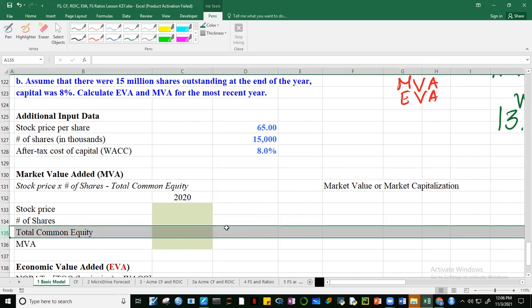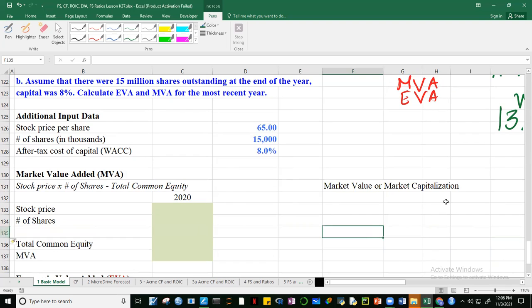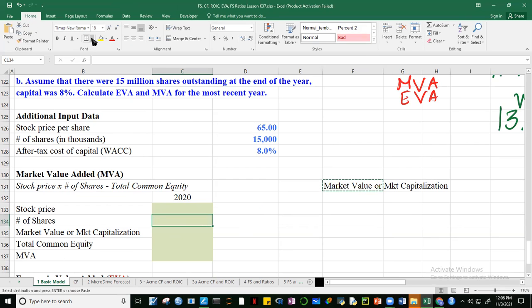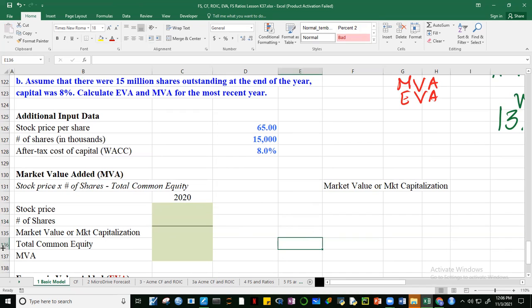Kindly insert it here. We have to know how to compute for market capitalization, and then we're going to compare that with your book value. Now, how do we compute for market cap or market value?